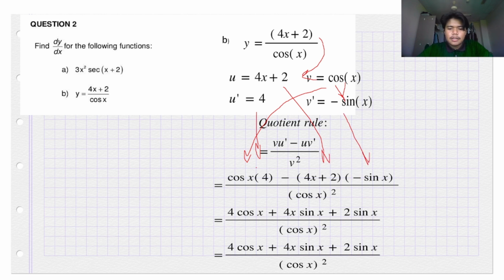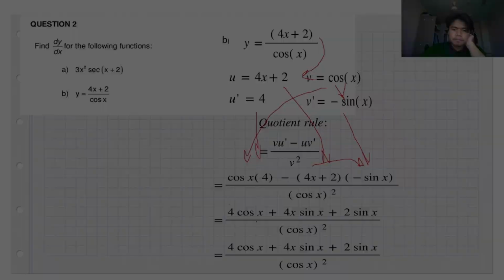So cos s multiplied by 4, cos s, 4s, negative sin x, 2 multiply negative sin x, become 4 cos s plus 4s sin s plus 2 sin x divided by cos s square, and that's the final answer.